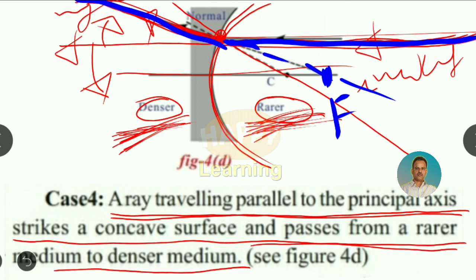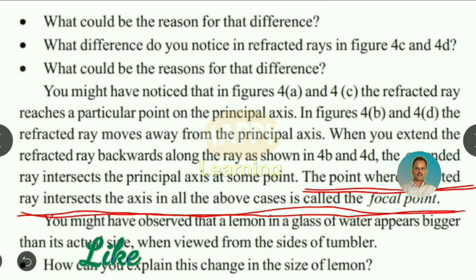If it won't directly touch, then extend it back. If the ray won't touch the principal axis and is moving away, then extend that ray in the backward direction. You will find somewhere that the ray touches the principal axis, and that point is called the focus, or focal point. Okay.